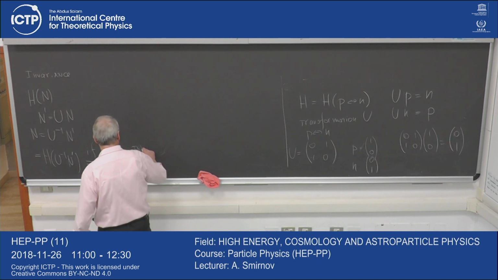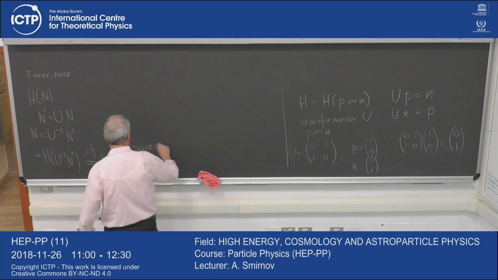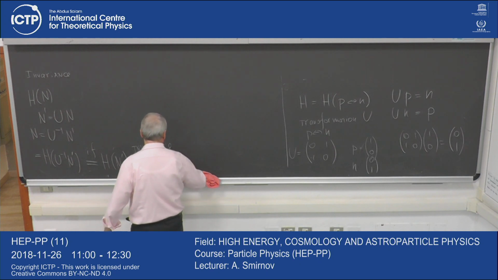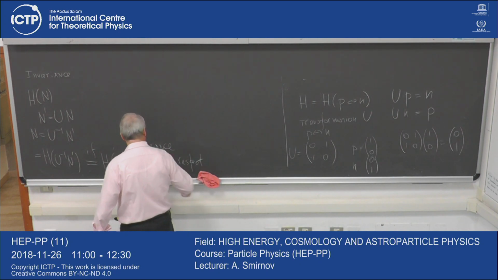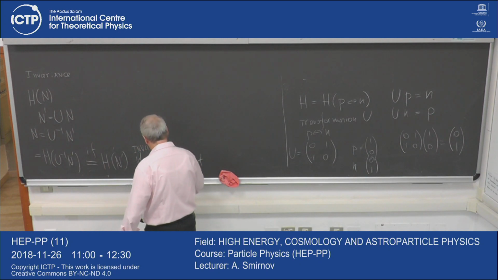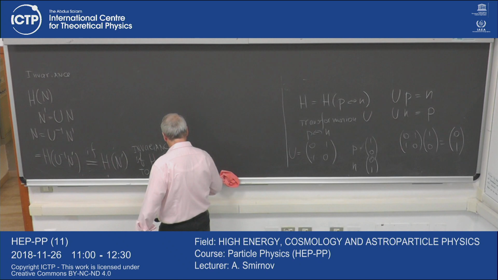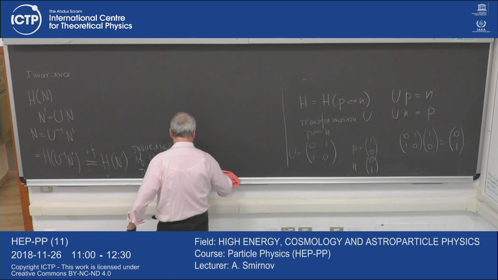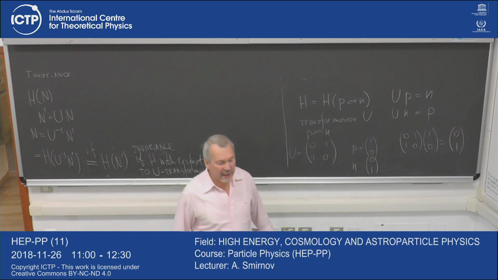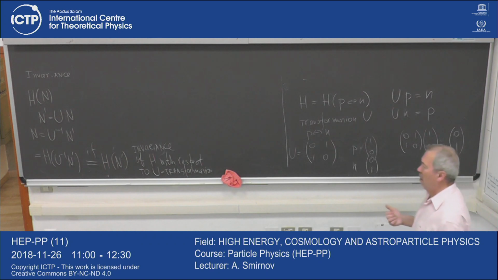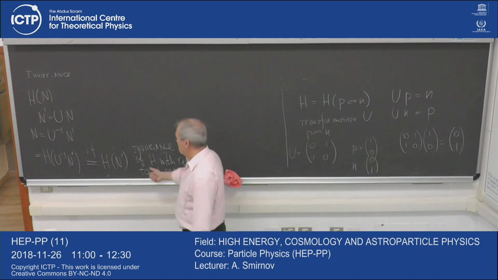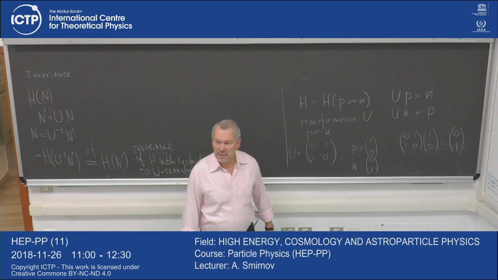So that means invariance of H with respect to transformation U. Invariance means that the Hamiltonian, in terms of original fields or operators n, is the same as in terms of new transformed variables. Okay?